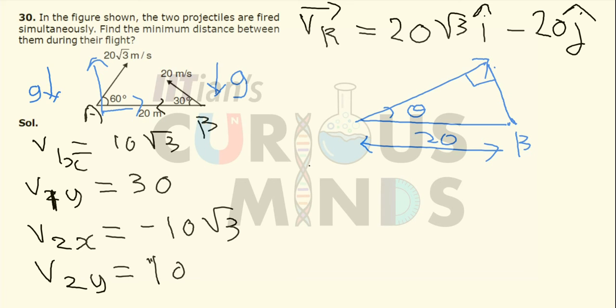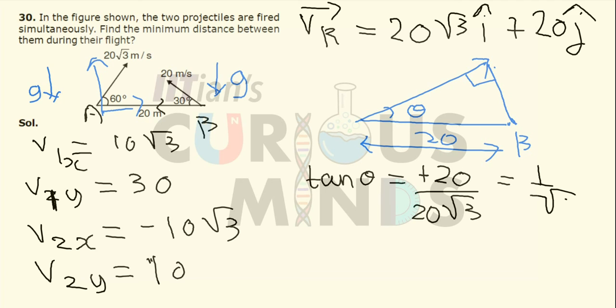So tan theta will be equal to y by x. Y over here is equal to 20 and x over here is equal to 20 root 3. So it will come out to be 1 by root 3, or theta will be equal to 30 degrees.